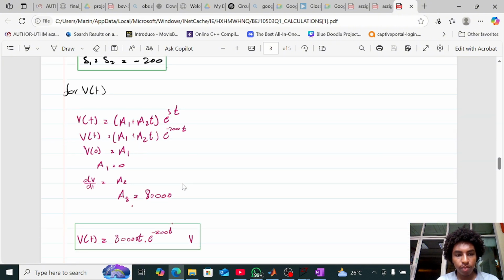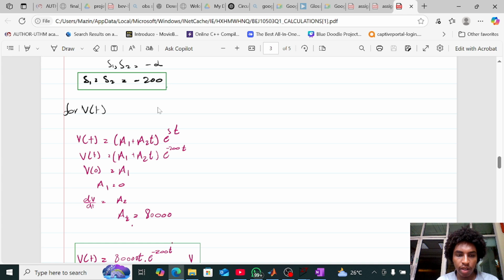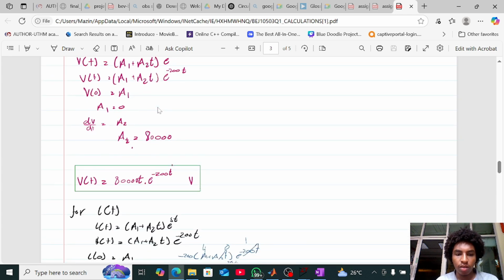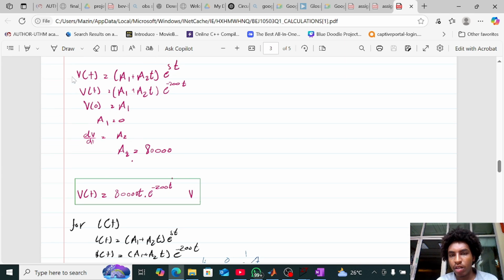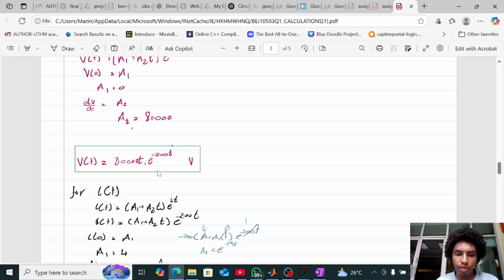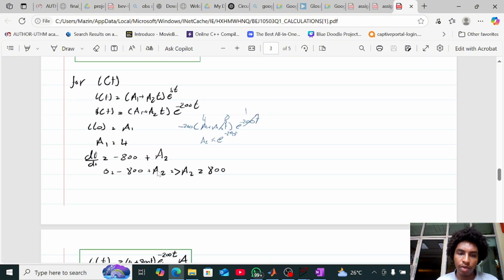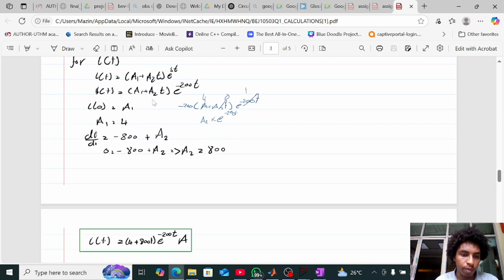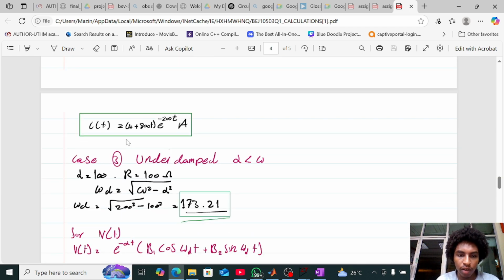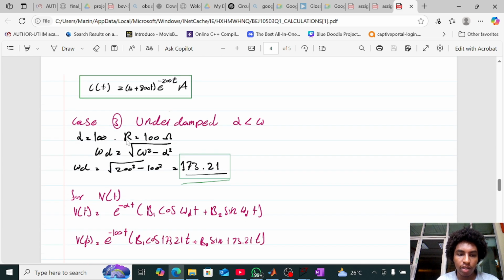So we again calculate S1 and S2, then we write the general solution for the v of t when it's critically damped. So this is the final answer for v of t, and then the same thing for i of t. Just write the general equation, then find the values of A1 and A2. So this is the final equation for i of t.